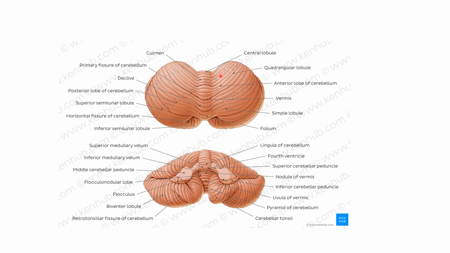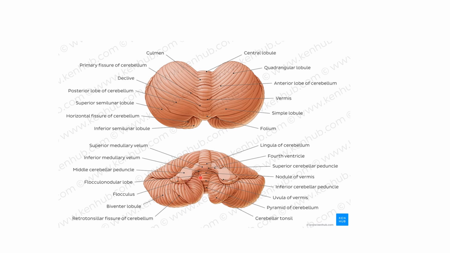This is the back view, and this is the front view or the anterior view. This whole is the posterior lobe, as you can see, but there is a slight stalked structure, like a leaf hanging from the side of the cerebellum. This stalked structure, which is bent over here and attached to the rest of the posterior lobe, is known as the flocculonodular lobe.